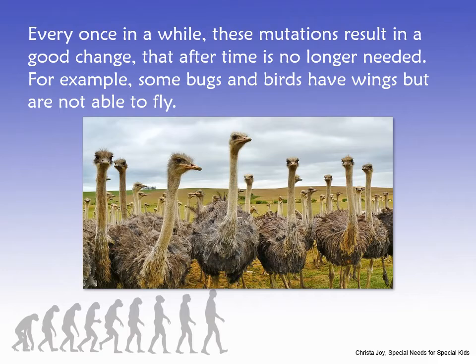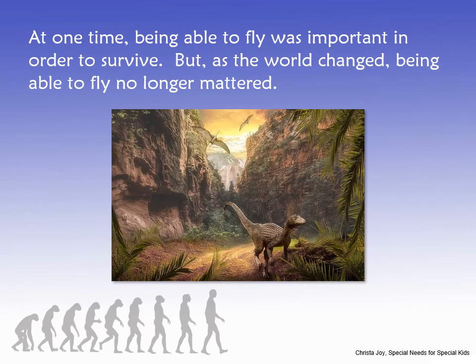For example, some bugs and birds have wings but are not able to fly. At one time, being able to fly was important in order to survive, but as the world changed, being able to fly no longer mattered.